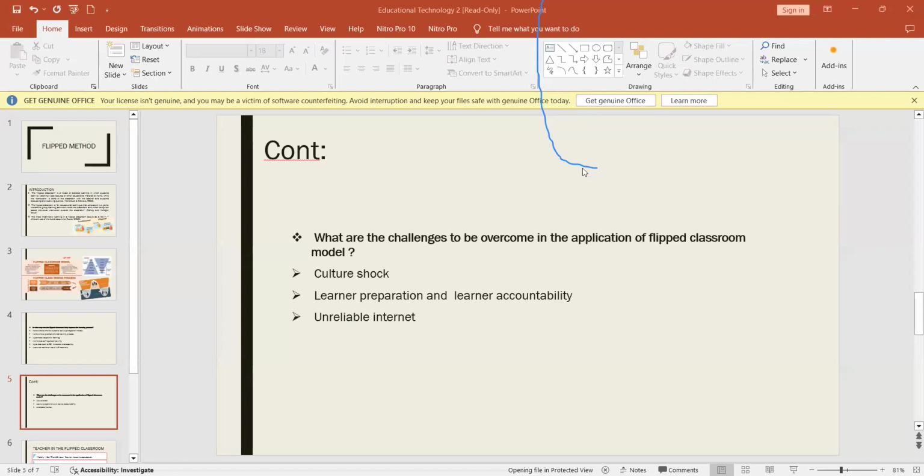Right. So they are not used to it, and because of that, they will not do it willingly initially. So the teacher has to motivate them a lot to engage, do some activities, and come and check whether they are doing it and give feedback, because it's not easily accepted, because they are used to just come and listen to the teacher and go home. So that is what is meant by culture shock.